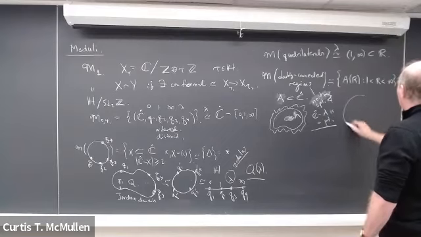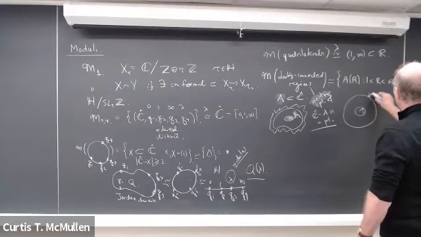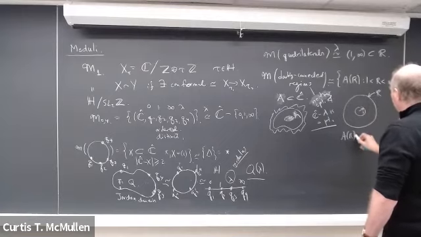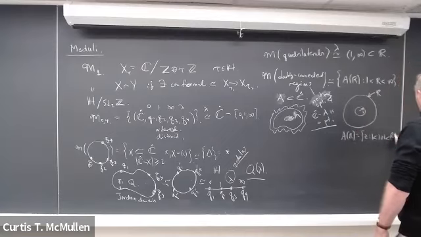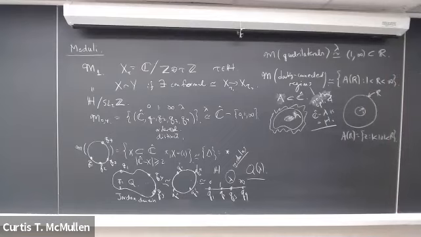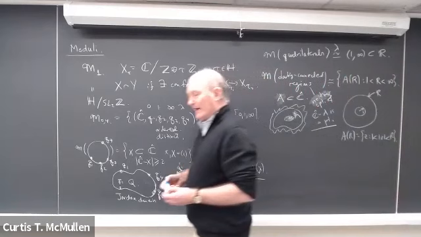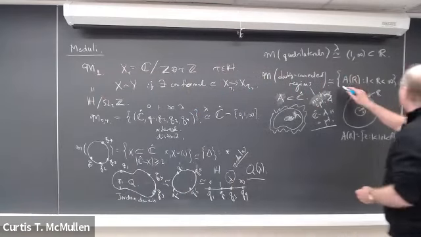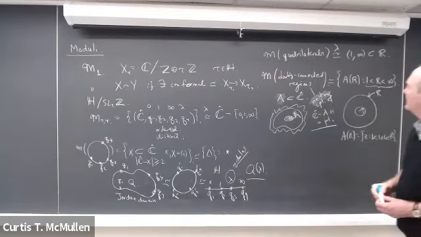In here A_R, I introduced this last time, it's the annulus where the inner radius is 1 and the outer radius is R. So it's the set of z where 1 is less than the absolute value of z is less than R. And then it will turn out that these annuli are all distinct from one another. And so the moduli space of annuli can be identified with this interval from 1 to infinity.